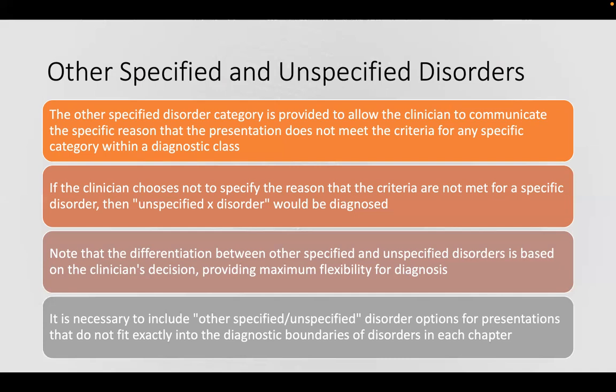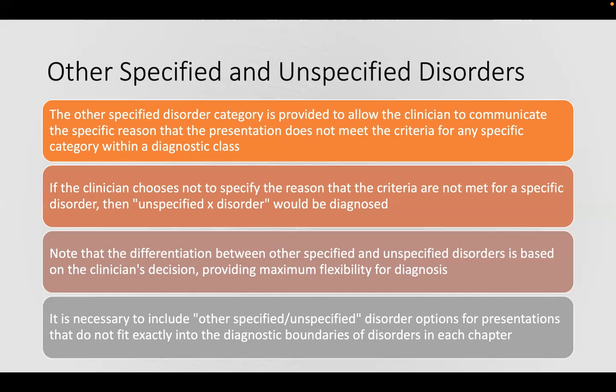But the differentiation between these two is really your choice. So it's allowing you to add other information with the other specified or not to add any information with the unspecified. And so it allows you flexibility. This is also not even necessarily about not having enough or not wanting to. Sometimes you don't have enough information. And sometimes this is an opportunity for you to extend the window of assessment.